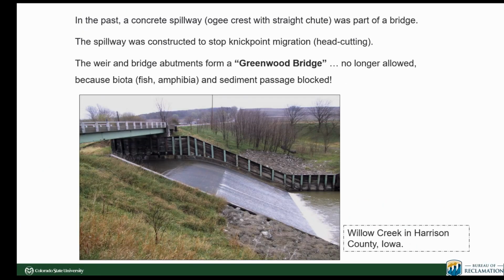Before, they had the innovative design of what was called, in Iowa at least, a Greenwood bridge, where you combine a bridge and a weir. But you can see this blocks sediment passage and fish and amphibian passage. So these types of bridges are no longer used. If you were to look at western Iowa, there are quite a few examples of partially grouted ramps and use of sheet pile fishways to allow fish to move up and down.